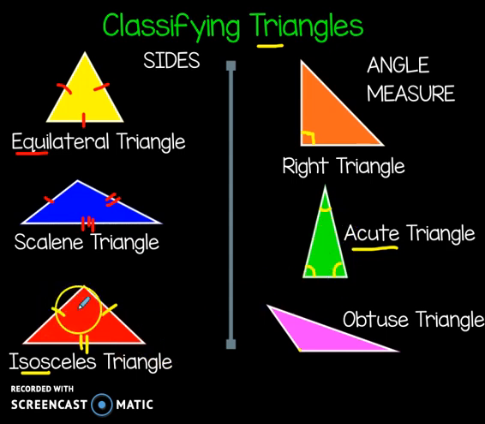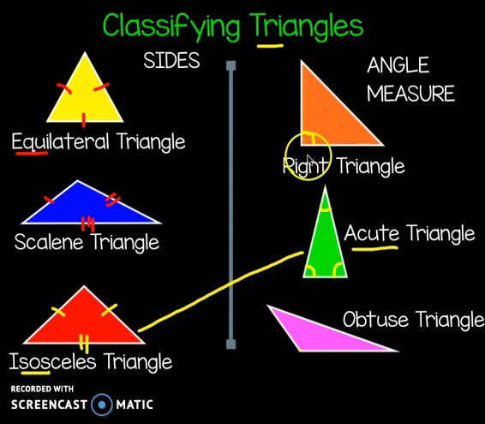Well, this side is the same, this one is the same, this side's longer. But this one could also be an isosceles. Do you see how they are similar? They share some of the same characteristics. And so this is an acute triangle, but it's also an isosceles triangle.